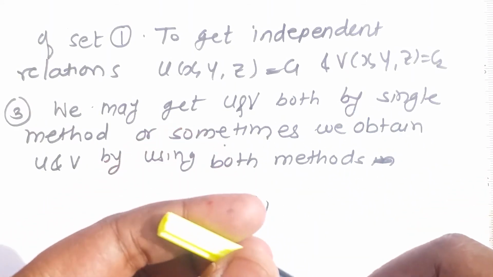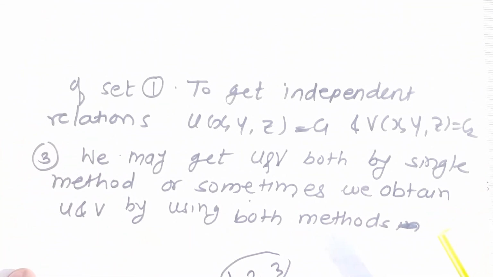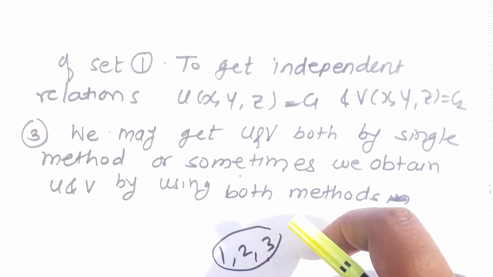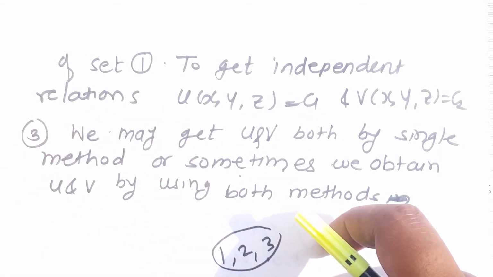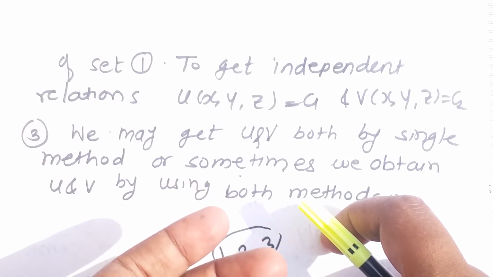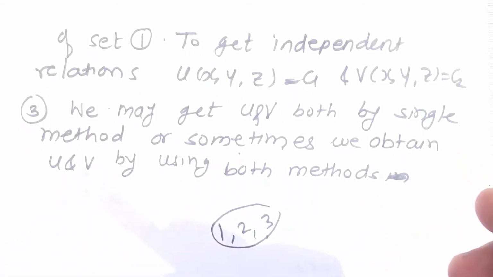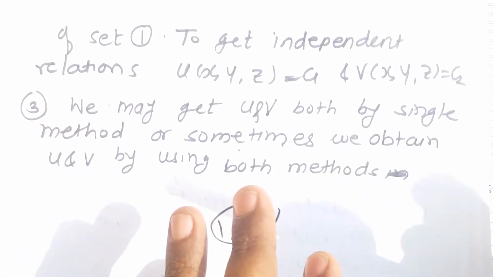There are some problems in which you can get both relations by one method only, like the method of grouping. Sometimes both relations we have to obtain by the method of multipliers. Sometimes we get one relation using the grouping method and one using the multiplier method. Like that, there may be many different situations.